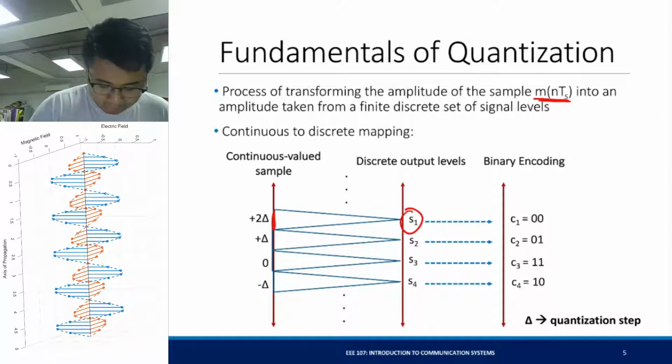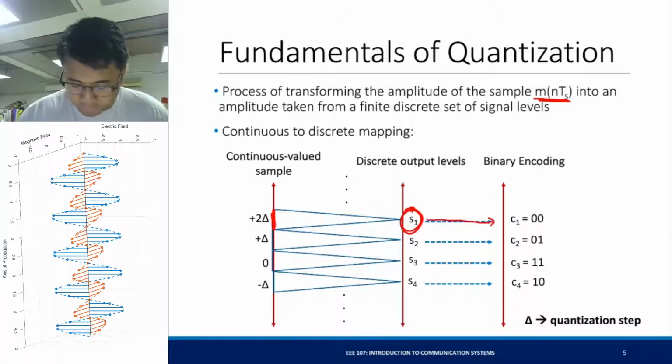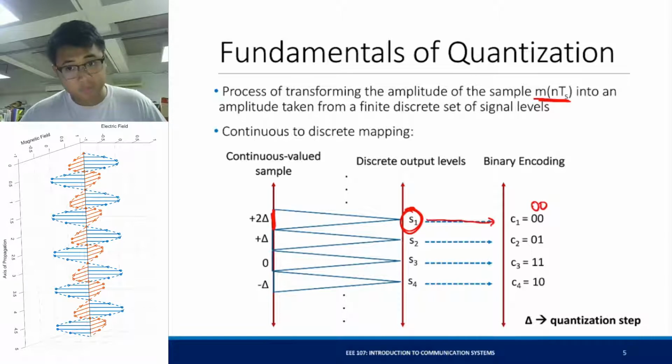If your data falls in this area, then we say that it is equal to this S sub 1, which could correspond to a bit notation of 0, 0. And that's how we discretize our signal. The process of quantization converts your analog signal into bit format.